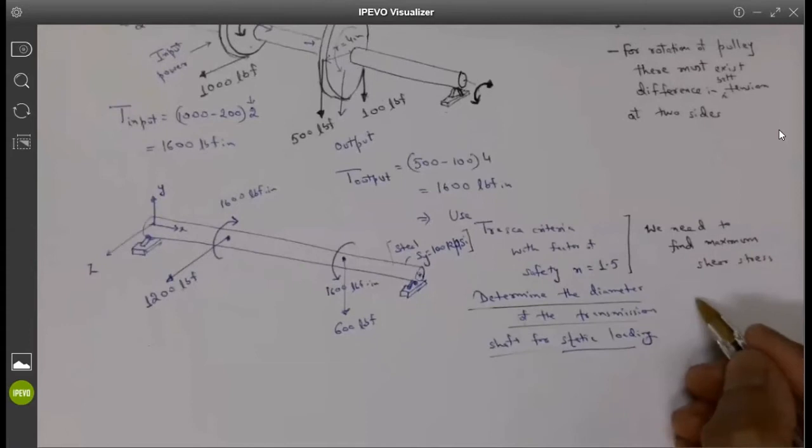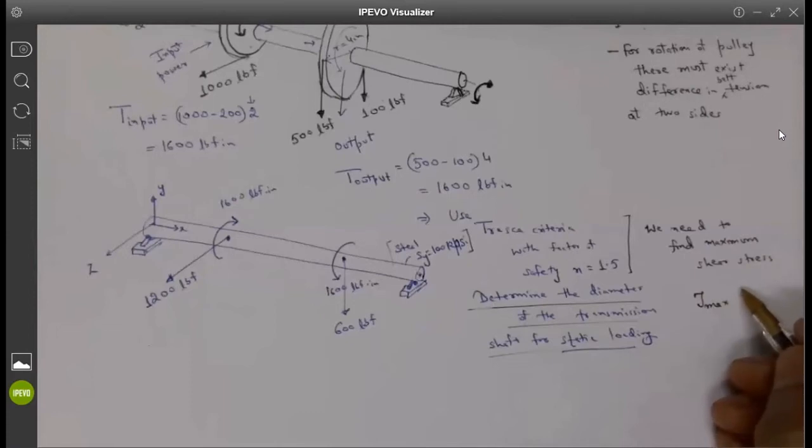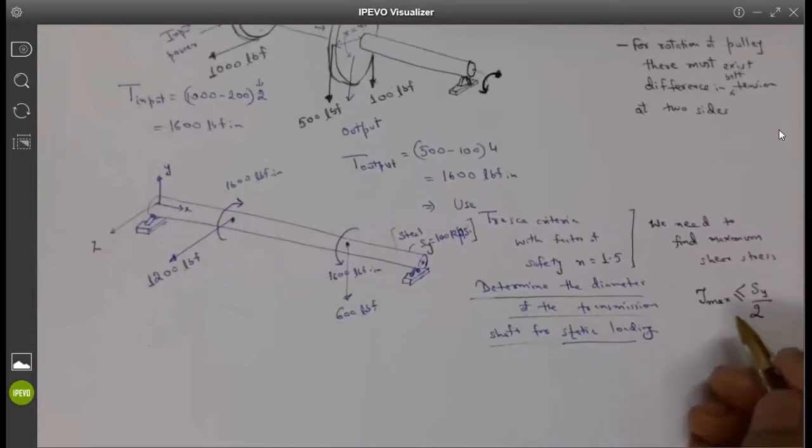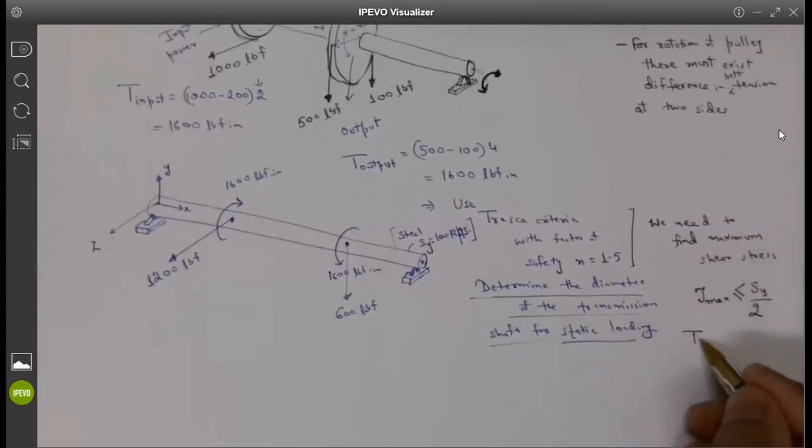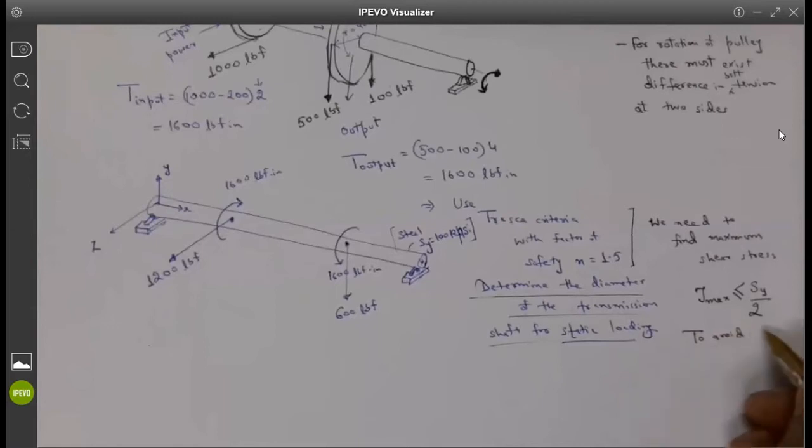Tresca criteria says that the maximum shear stress must be less than or equal to your yield strength divided by 2 to avoid failure in the material, isn't it?